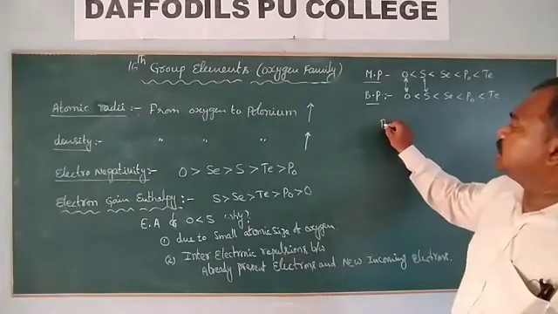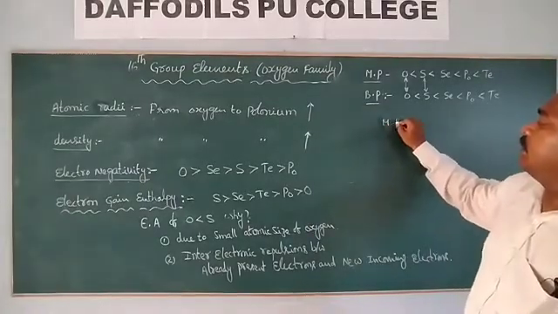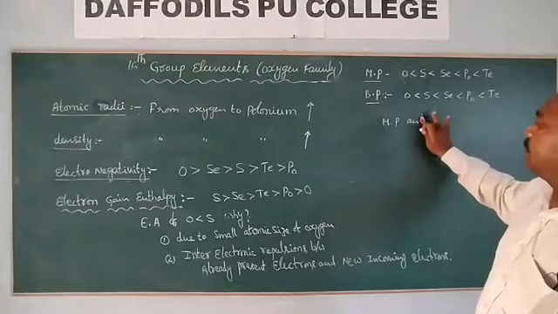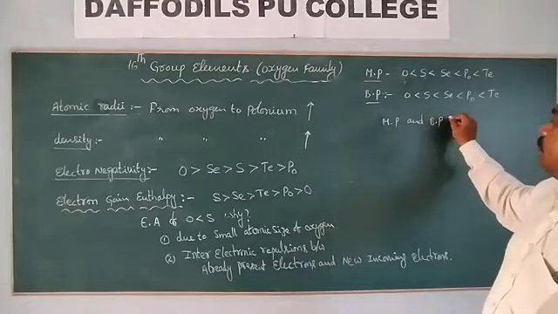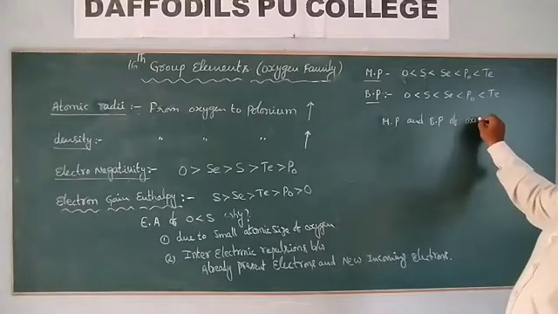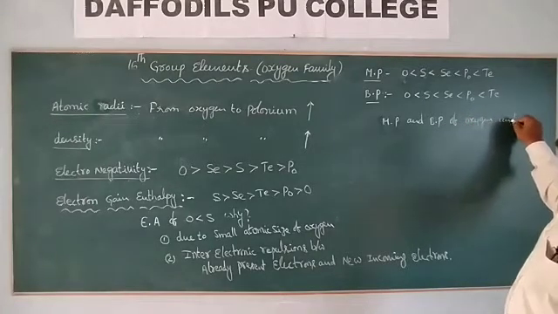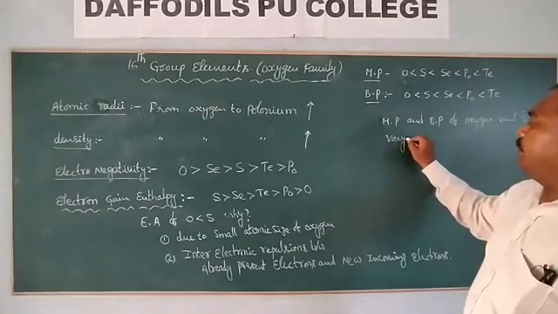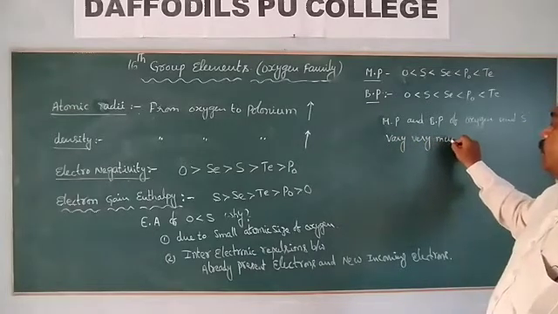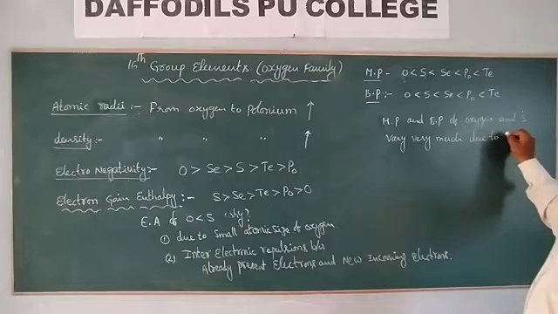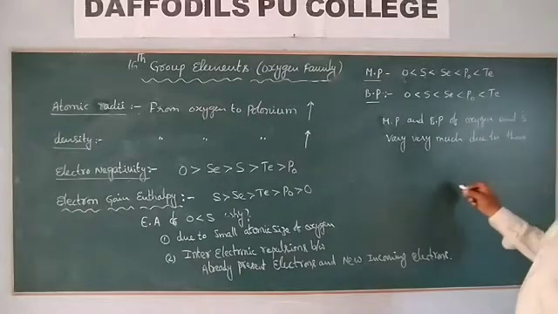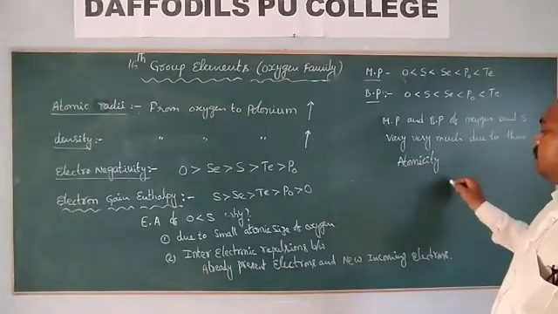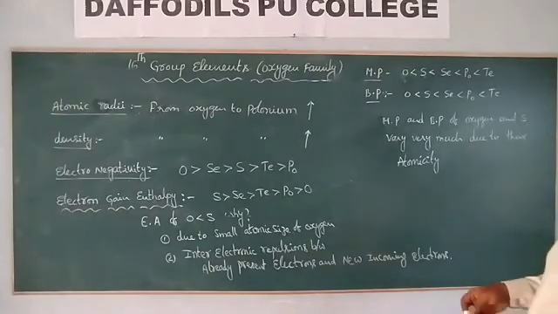So the melting points and boiling points of oxygen and sulfur differ very much due to their atomicity. Oxygen is diatomic, sulfur is octatomic.